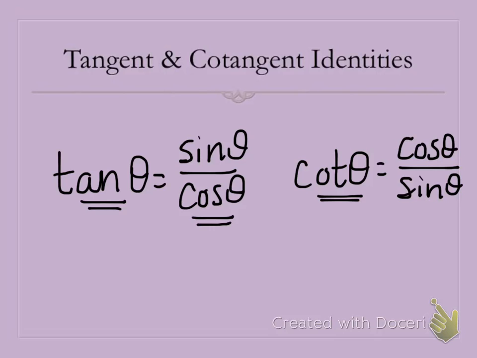So again, a couple of identities that will allow us to rewrite things in different ways that might make things fit better so that we can actually simplify, cross things out, combine things easier, because maybe the fraction form works better than just saying tangent.